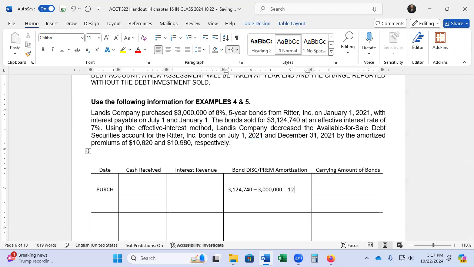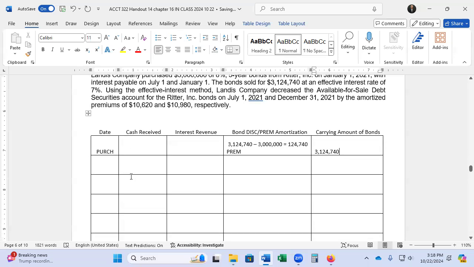So the premium, excuse me, is 124,740. So the carrying amount of the bonds was $3,124,740 on the date of purchase.